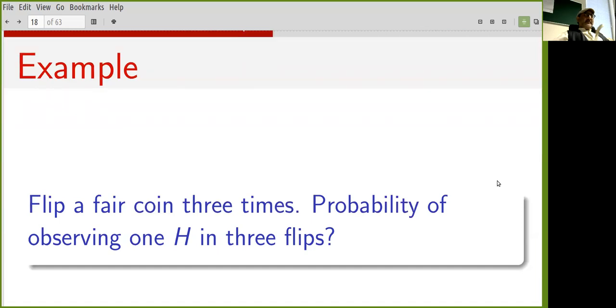You can get that as HTT, THT, and TTH. So 3 outcomes out of 8 equally likely outcomes meet our requirement. So from the work that we did before, the probability of that requirement being met is 3 out of 8.